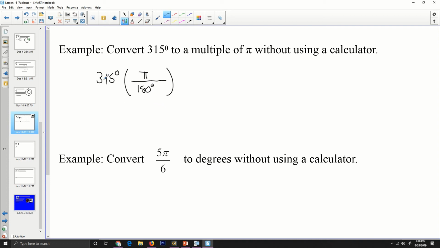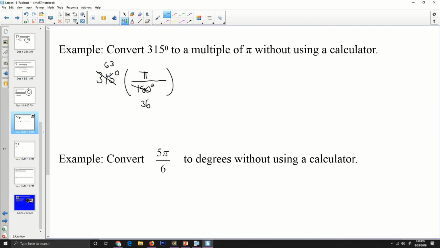So let's keep it simple. I can divide a 5 out of both of these. If I divide 5 out of 315, I will get 63. If I divide a 5 out of 180, 5 goes into 18 3 times with 3 left over, and then 5 goes into 30 6 times.